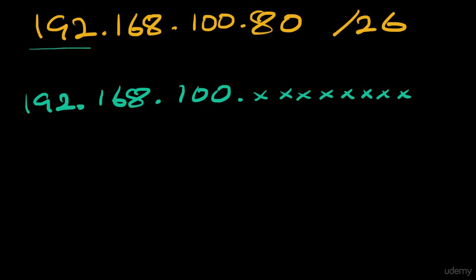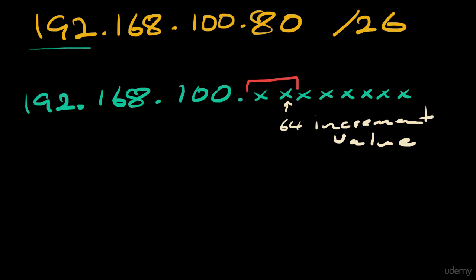Therefore, /26 covers the first three octets, which is 24 bits, 25, 26. So these 2 bits in the last octet, the first 2 bits, are our subnet bits. The increment value, therefore, is this column. This is the subnet bit with the lowest value, and the value of this column is 64.